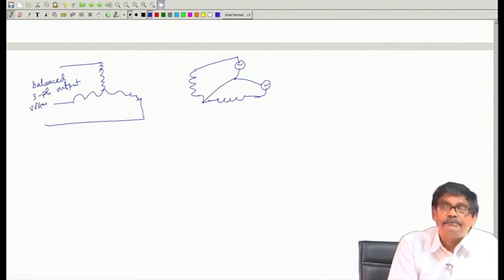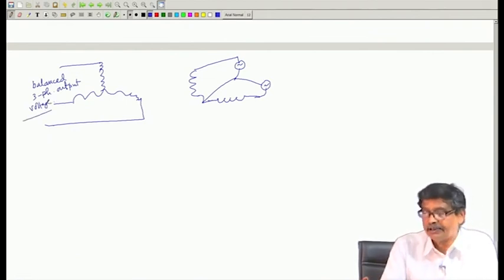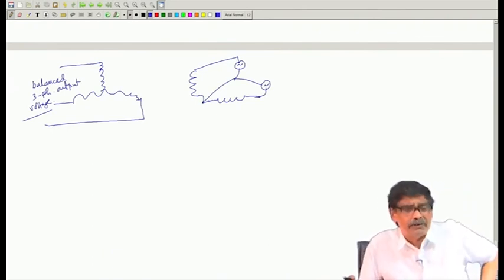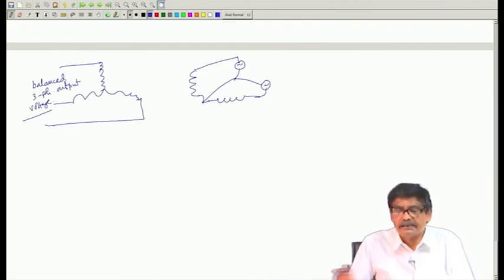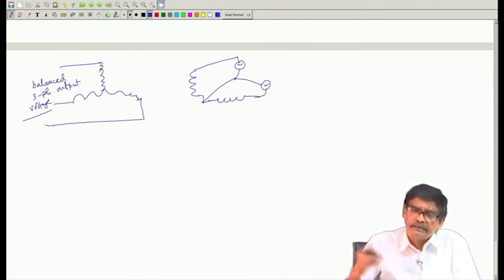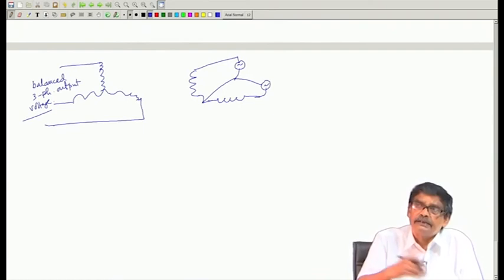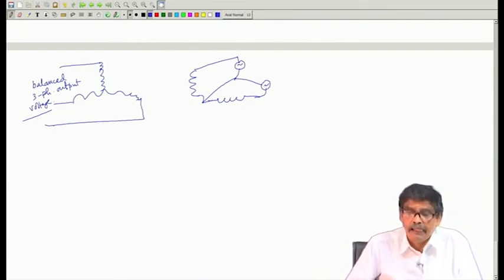Draw the phasor diagram and you will get the answer. Reverse way, because in any transformer, you can energize the primary and get something on the secondary side, or energize the secondary side and get something in the primary.